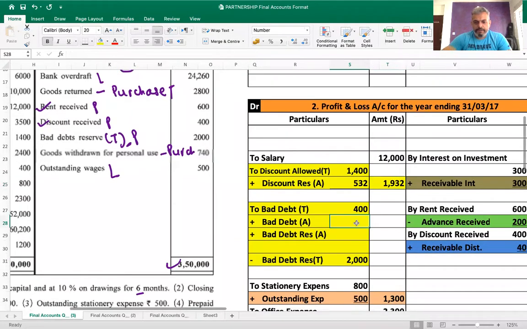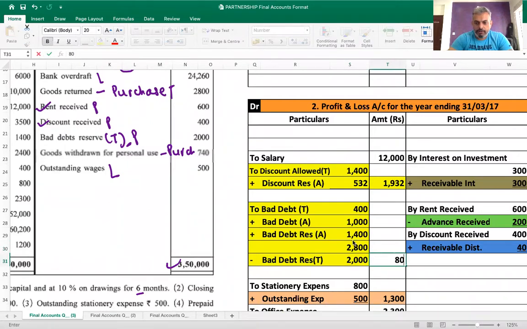Bad debt as per adjustment 1000, bad debt reserve as per adjustment 1400, so total 2800 minus 2000, so 800, outer column.